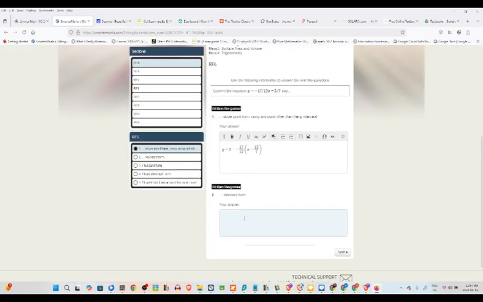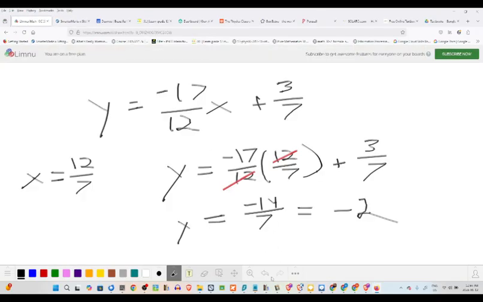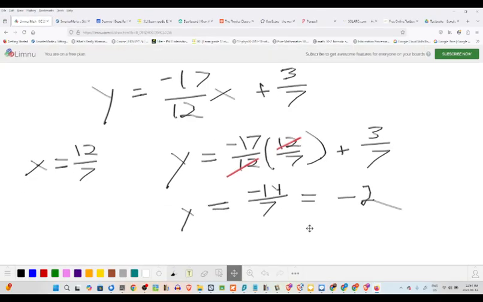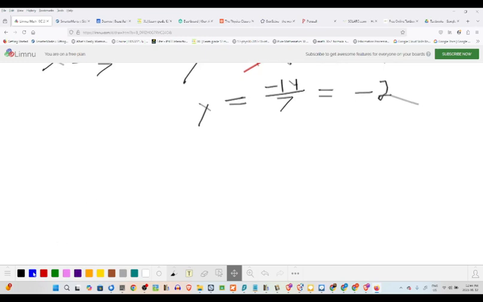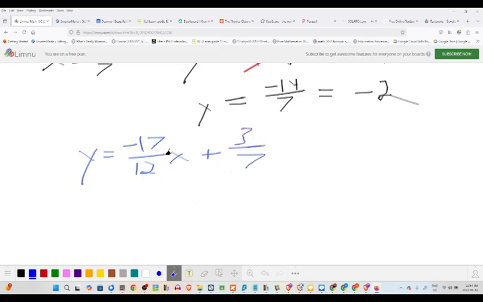Now putting it into standard form, for that, let's change color here. So y is negative 17 over 12x plus 3 over 7. Standard form has a positive coefficient of x, no denominators, no common factors other than 1.